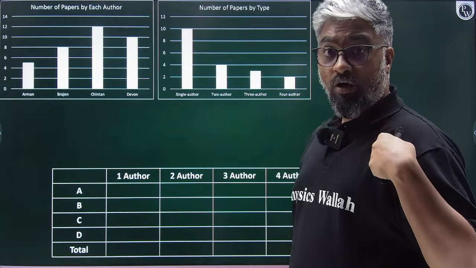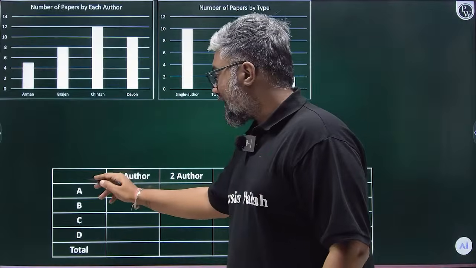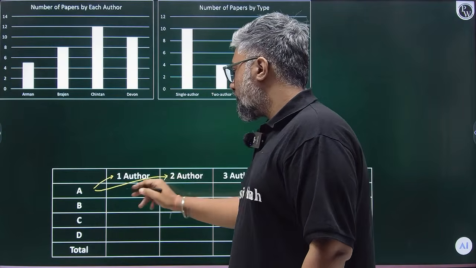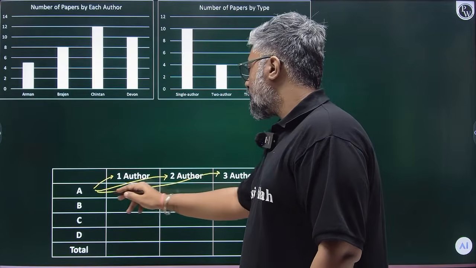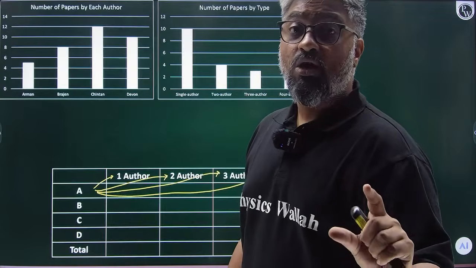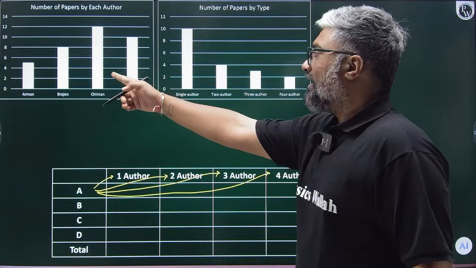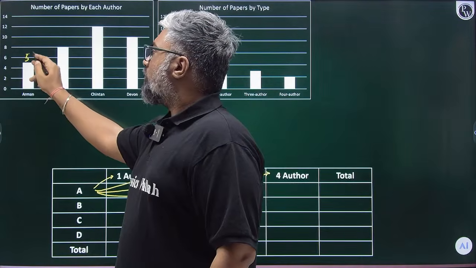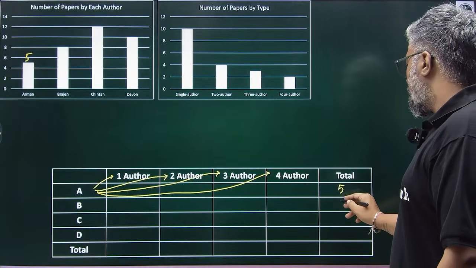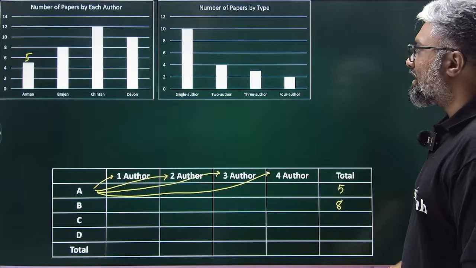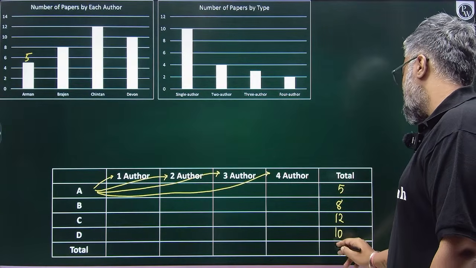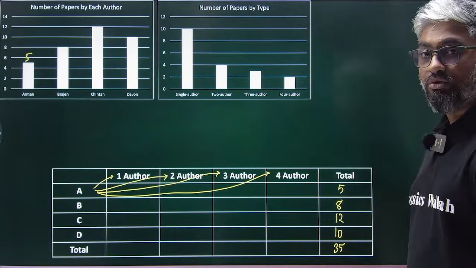This way I know for sure that A's contribution in 1 author paper would be how much, 2 author papers would be how much, 3 author papers would be how much, and 4 author papers would be how much, and his total contribution will be how much? Total contribution will be how much? 5. Correct? So A's total contribution is 5, B's total contribution is 8, C's total contribution is 12, and D's total contribution is 10, adding up to 35 contribution.